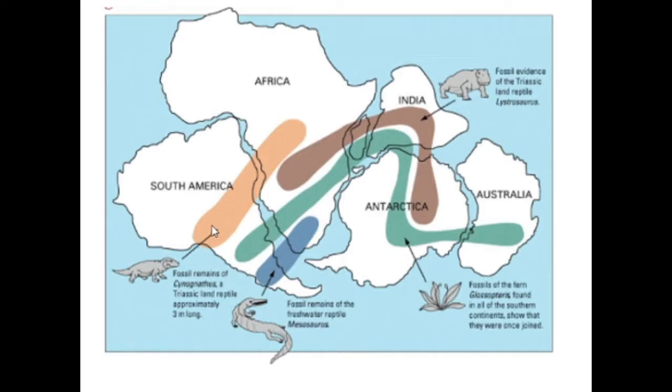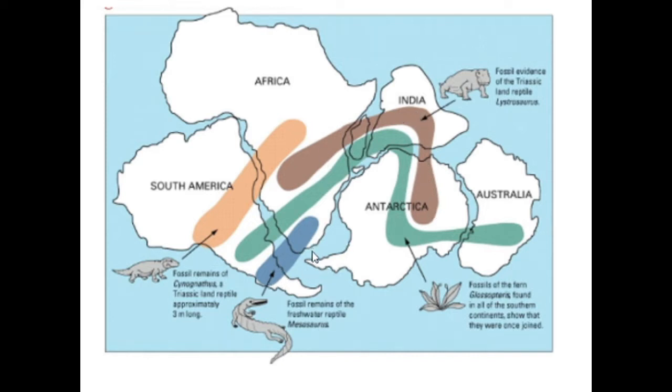We also have color bands which show the places where the fossils of different animals and plants were seen. For example, this yellow-orange band is the fossil of Cynognathus, which was seen in South America and Africa. The brown band would be the fossil of Lystrosaurus, which was found in these 3 places: Africa, India, Antarctica.